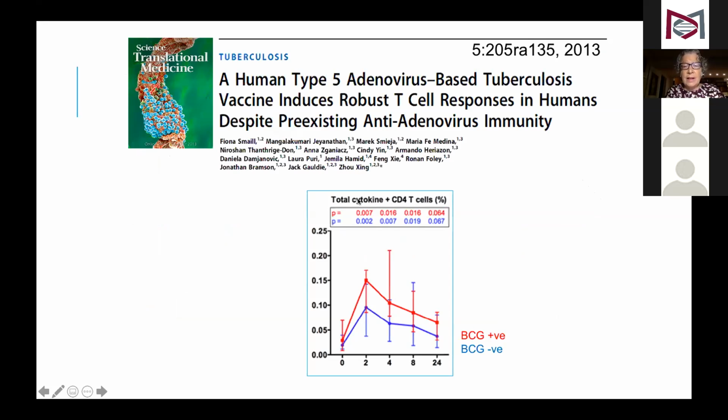I've just illustrated the cytokine responses in the percentage of CD4 cells, the BCG positive group and the BCG negative group at 2 weeks over to 24 weeks. So the exciting thing about this was that we actually had seen that the vaccine did induce immune responses.